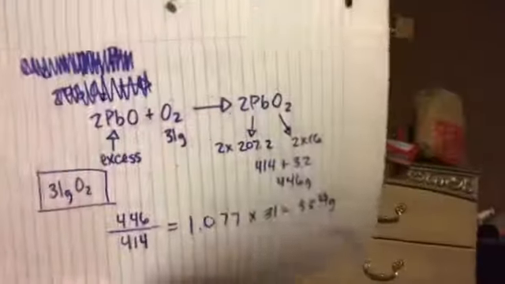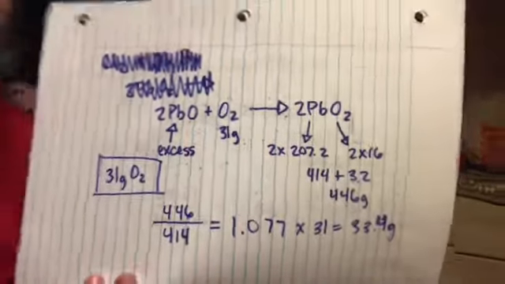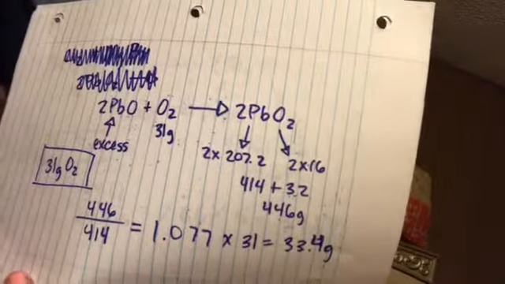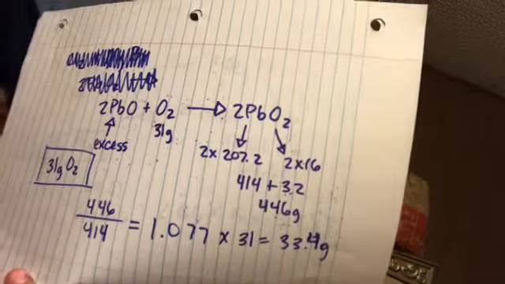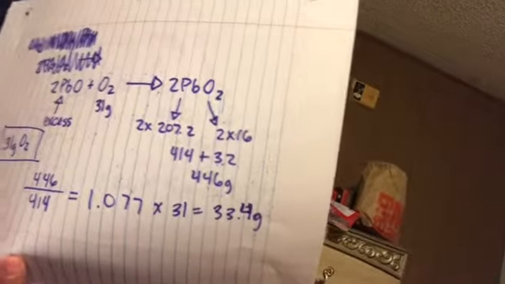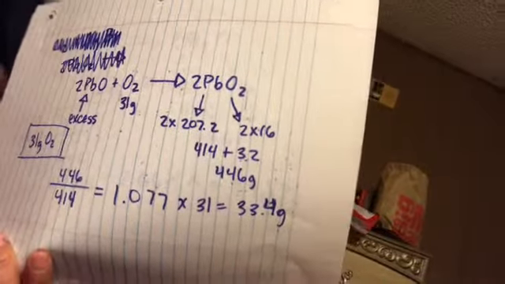Okay, so that was the first example. And now for the second example, I have 2 Pb plus O2 comes together to react and create 2 PbO2. So again, I put this time that lead and oxygen was the excess. I put that we got in the problem 31 grams.